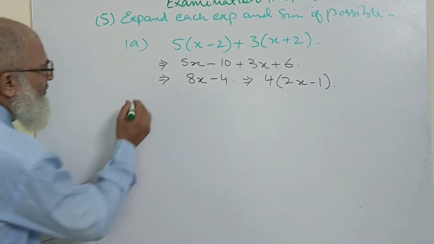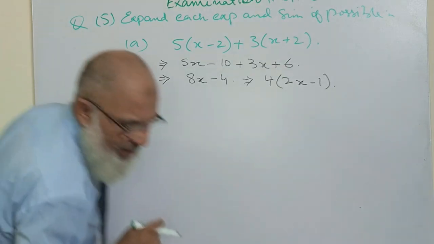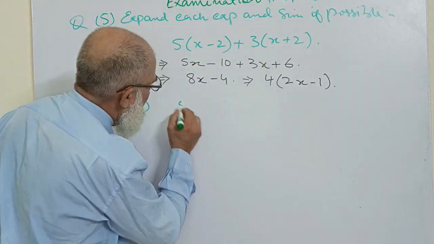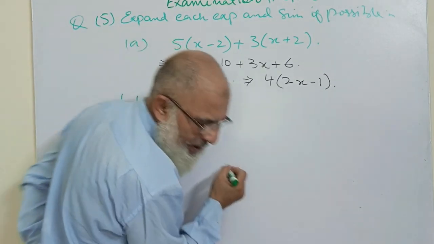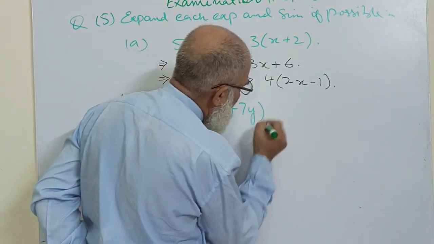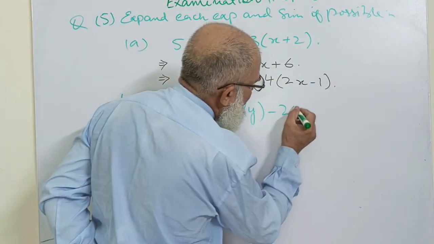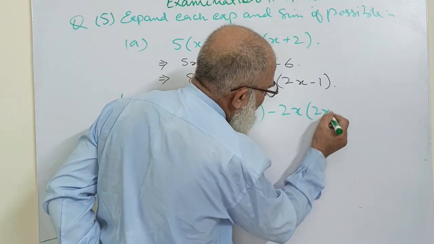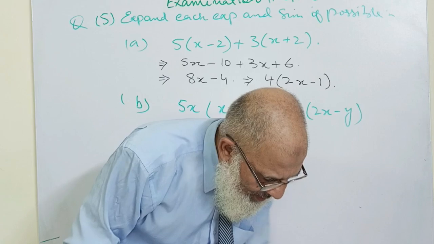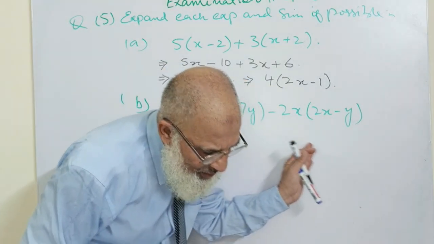Last part of the day, question number 5, part B, and it is 5x(x plus 7y) minus 2x(2x minus y).